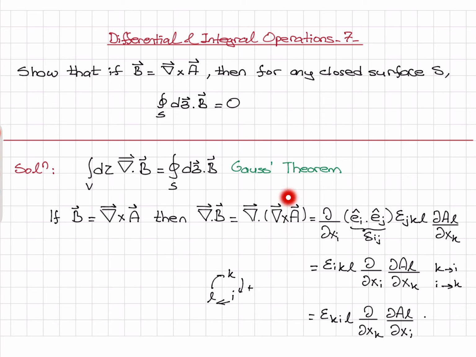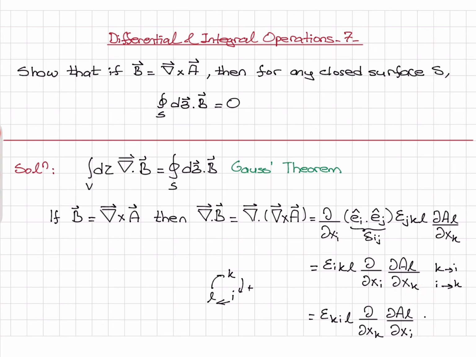Ej hat epsilon jkl, we have del del xk Al. So this is how I write the curl. And ei hat dot ej hat is Kronecker delta ij, i and j must be equal. So I have epsilon ikl del del xi del Al del xk.